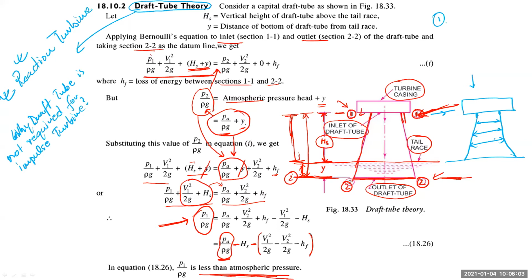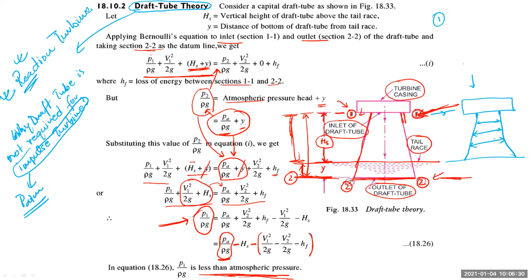We all know that in a reaction turbine, first we will see why it is not in an impulse turbine. We know that an impulse turbine is operating at atmospheric pressure. Whereas in the case of a reaction turbine, it is not operating at atmospheric pressure.